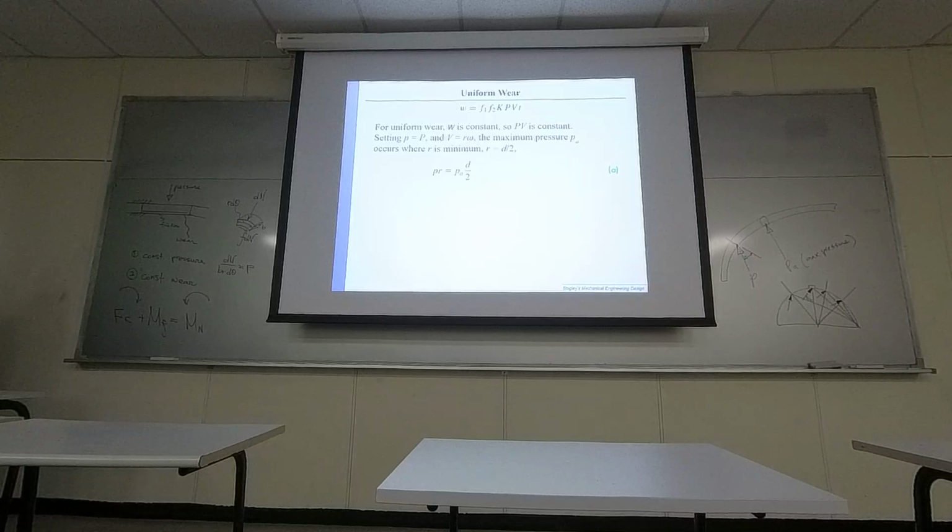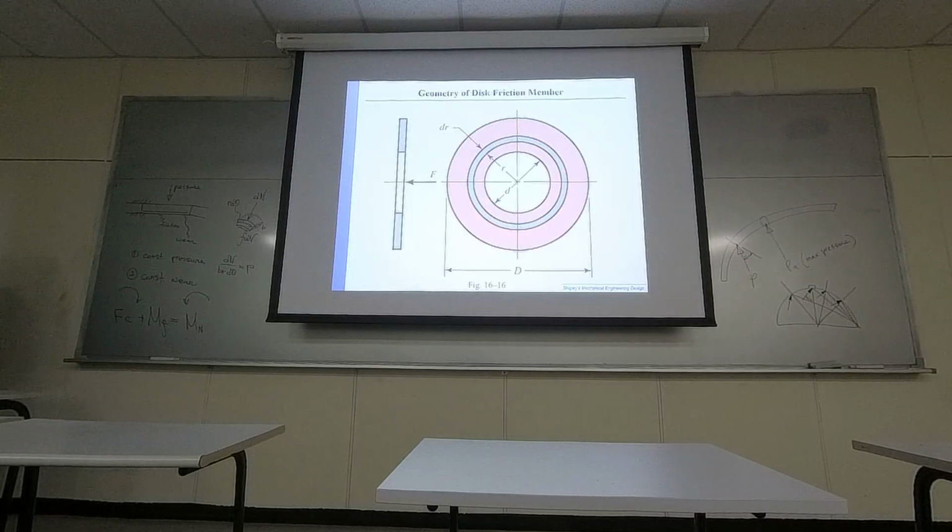So the pressure at any radius r equals the maximum pressure Pa times the smallest radius d over... Oh, no, d is the smallest one.